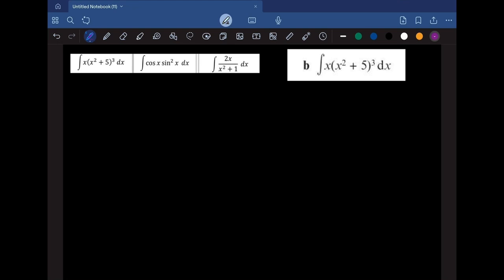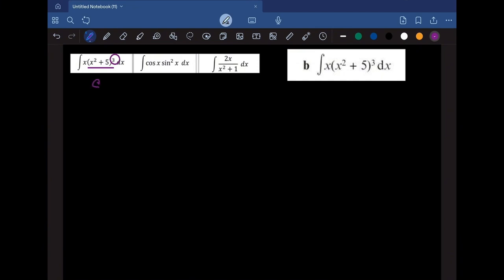So now what we will do is take this part. This is reverse chain rule. Here we will have to increase the power by 1 and then we will differentiate it.